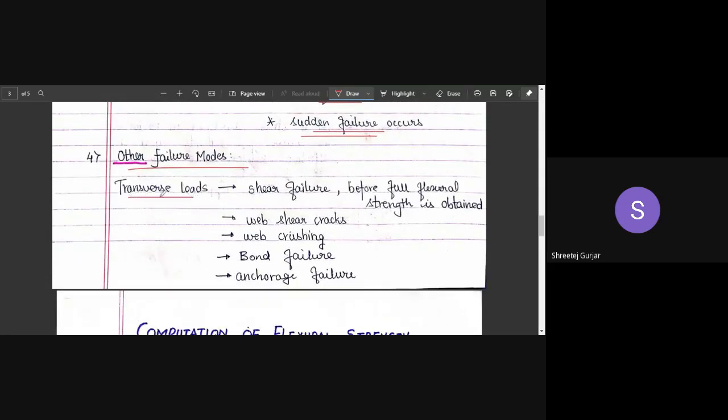When you have transverse loads acting on your beam, this is your normal loading, but when you have loads from the side, and many other cases, there will be shear failure occurring. Shear failure may occur before the full flexural strength is obtained.